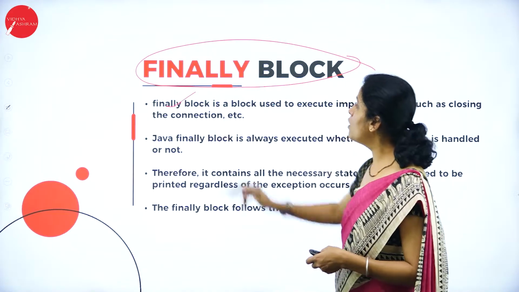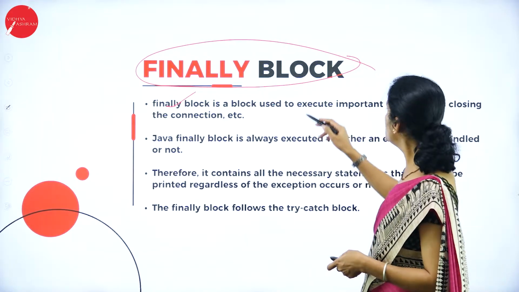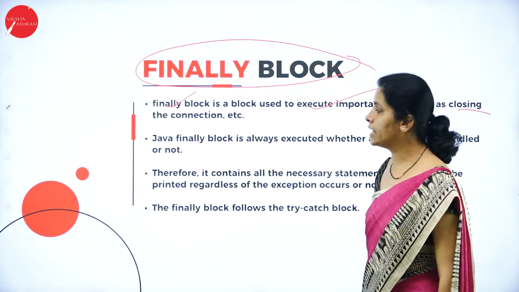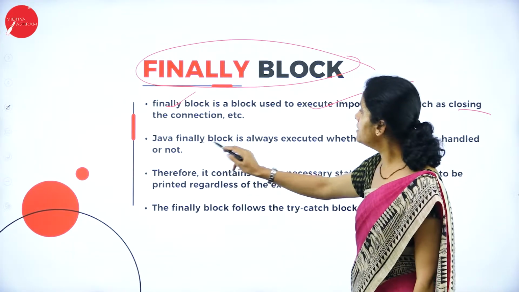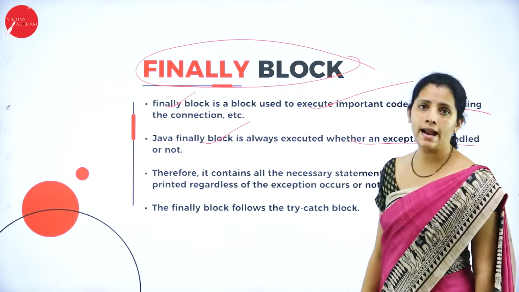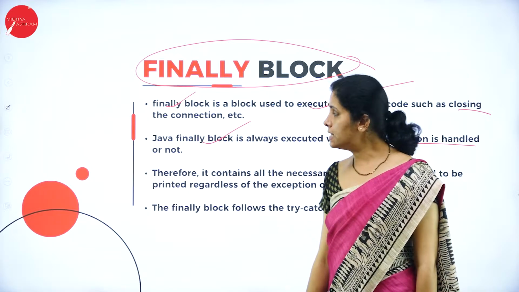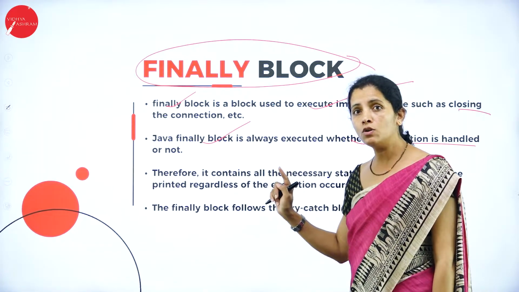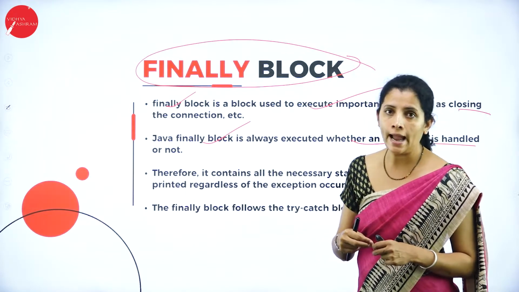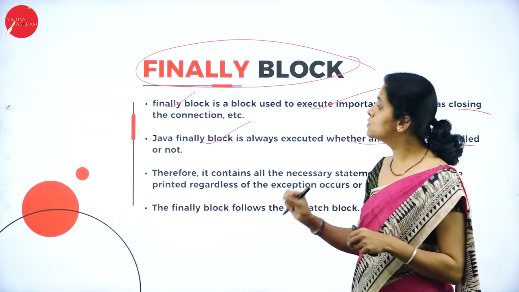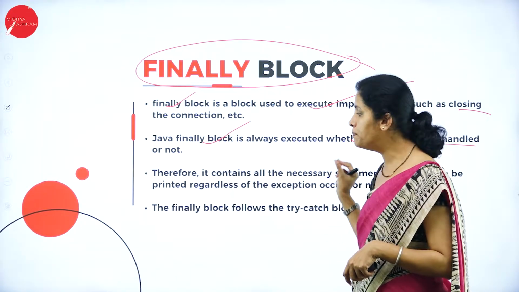So the finally block is a block used to execute important code like closing the connection. Java finally block is always executed whether an exception is handled or not. In the sense, if I use finally in my program, whether the exception is handled or not, the compiler is still going to execute the finally block.